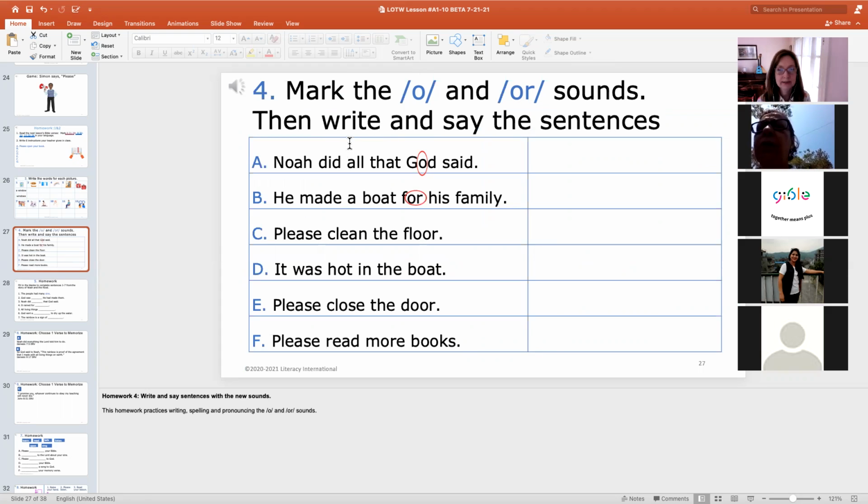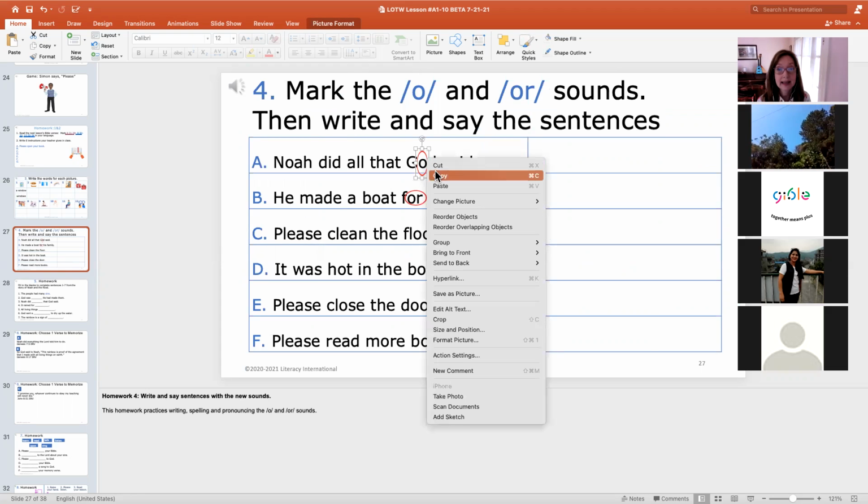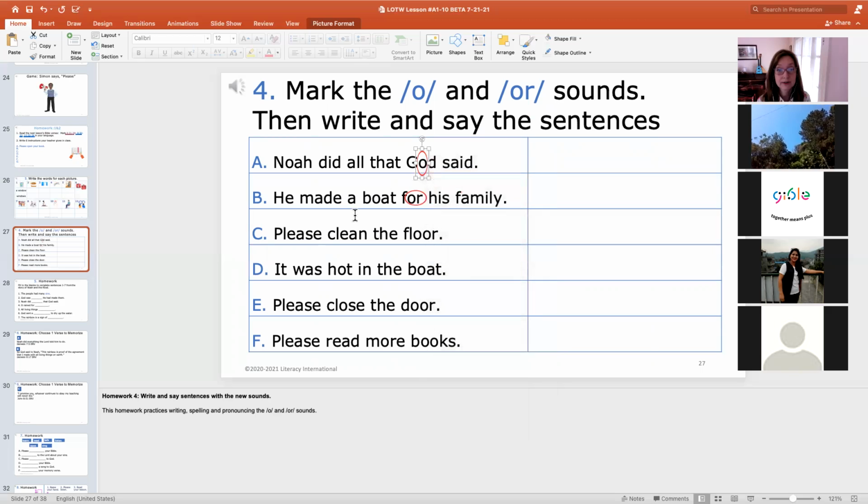And so we want students to do 3 things here. They want to mark the sound. So they're going to find all of the ah sounds and circle them. And then they're also going to find all the or sounds and circle them. And then they're going to write and say the sentences.